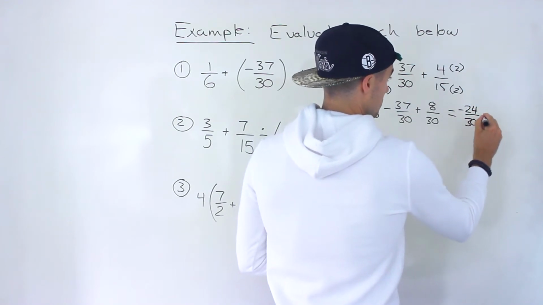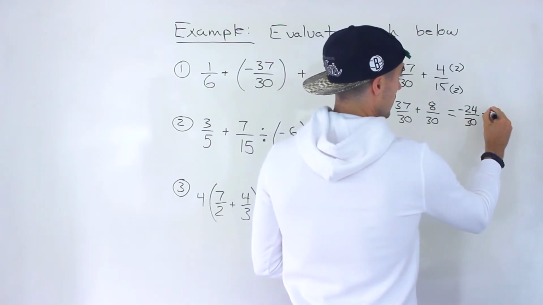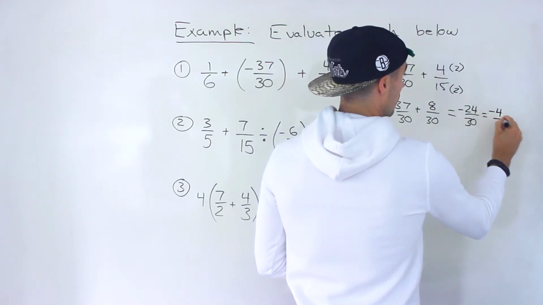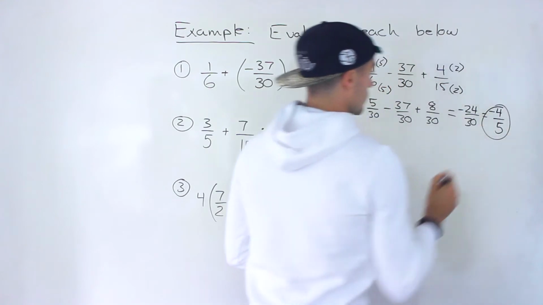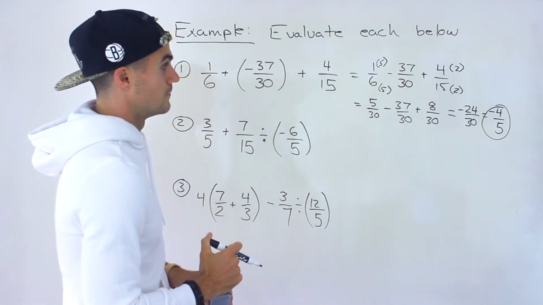Then this simplifies: we can divide this by 6, divide this by 6, we'd end up with negative 4 over 5. And so that would be the answer to number 1.